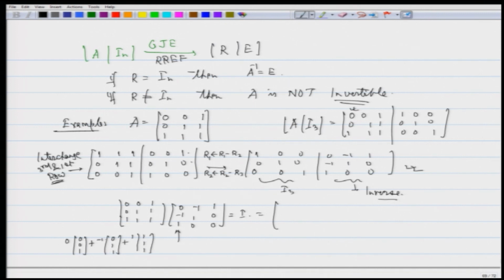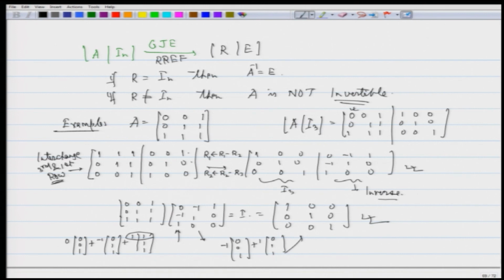So, here it says 1 will remain as it is, the first part will remain 1, minus 1 will give me 0 0 here. If you look at this, it says minus 1 times 0 0 1 plus 1 times 0 1 1. So, this gives me 0, this 0, this 1, this gives me 1, minus 1 plus 1 again gives me 0 here, and this gives me 0 0 1. So, it is indeed the inverse.